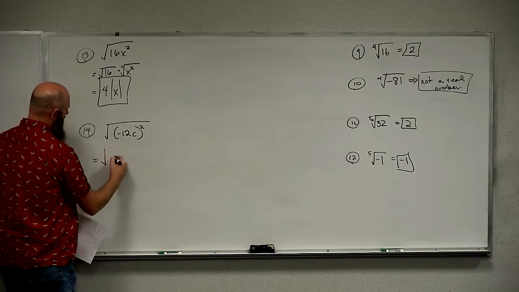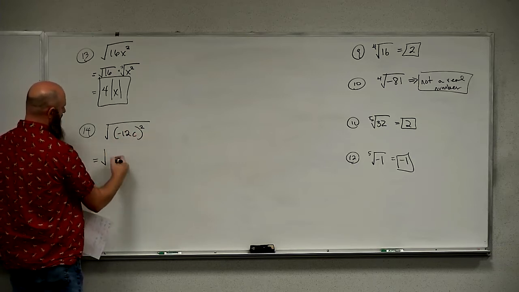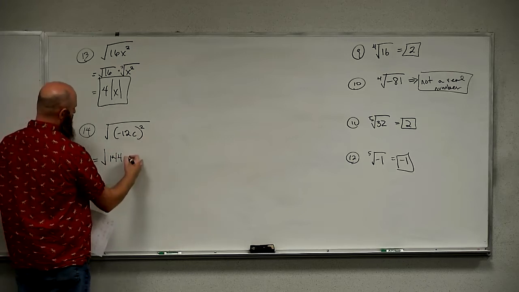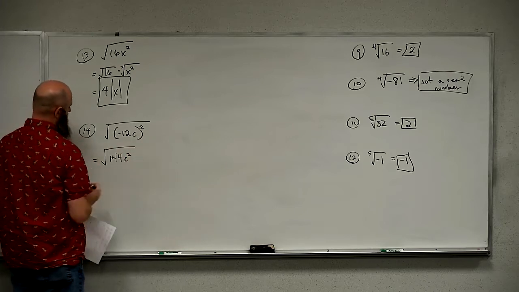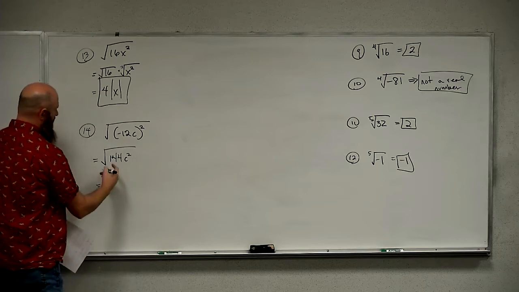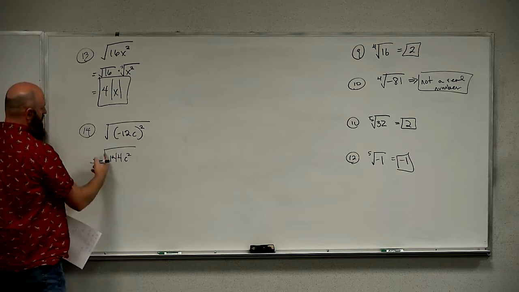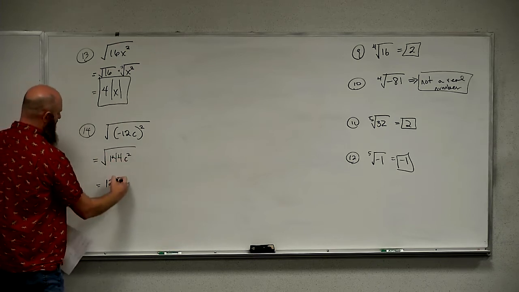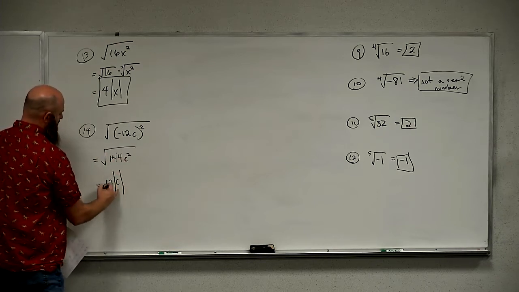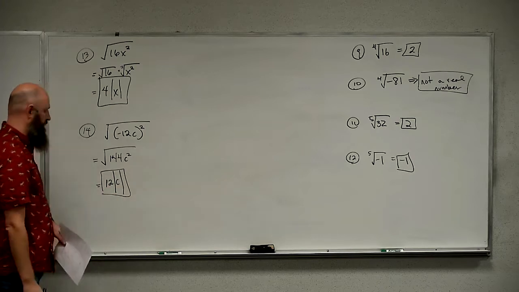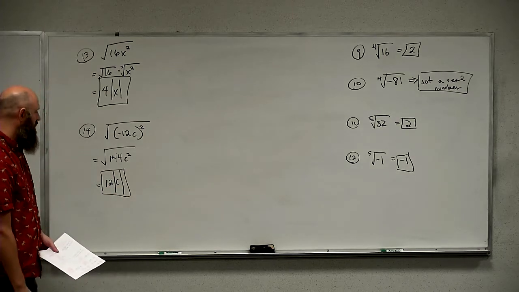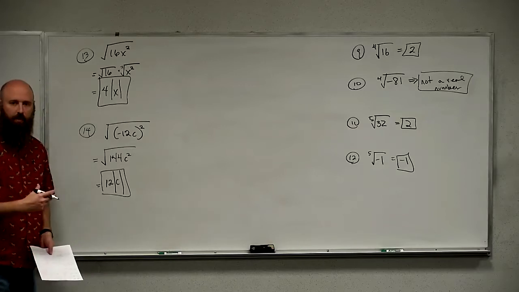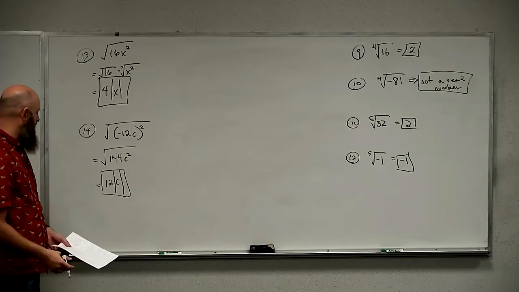And so we're going to get the square root of, well, -12 squared is a positive 144. And then c squared is c squared. So now we can break those things up. So the square root of 144 is 12. And because this is even, we're going to get the absolute value of c for those. So, working that out and then bringing it back together, we get to the same place.